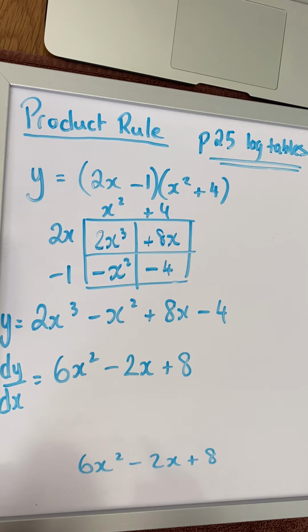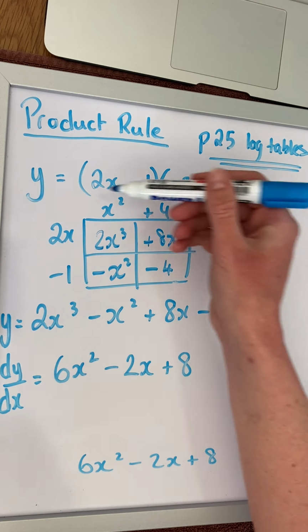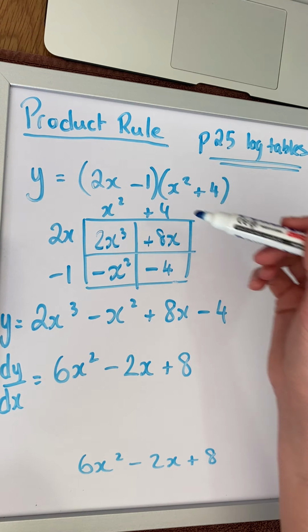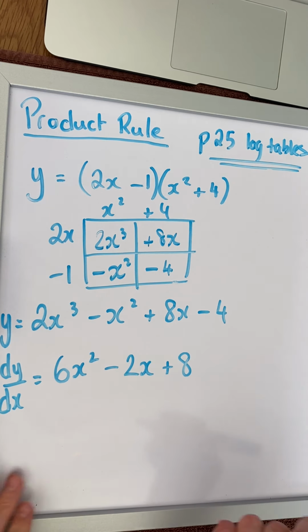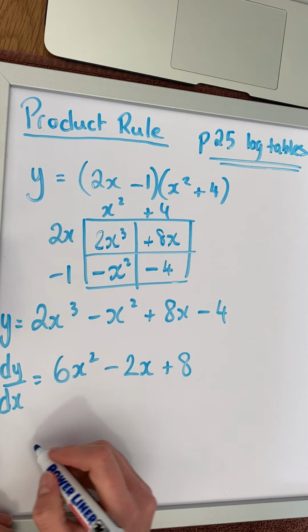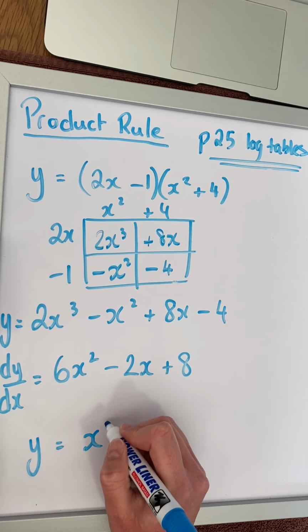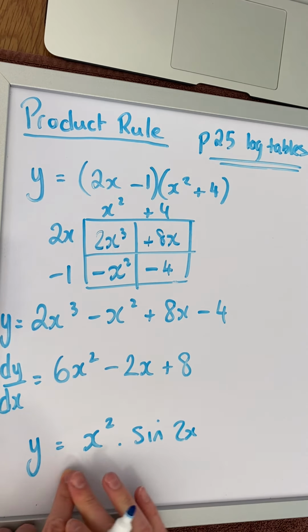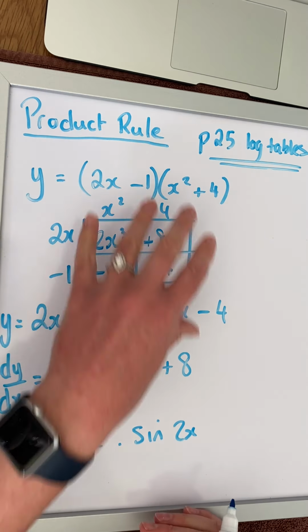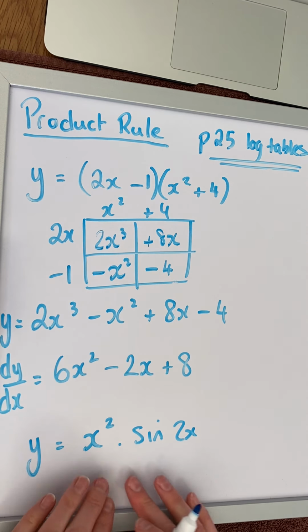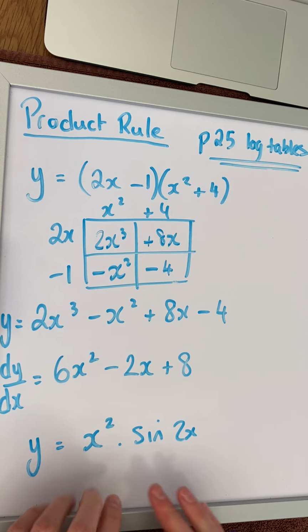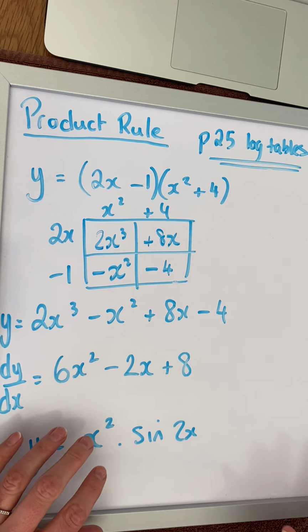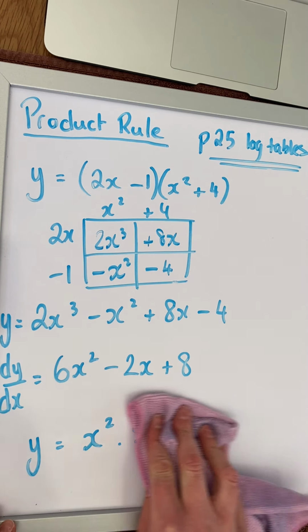But like I said, there will be certain cases where we won't be able to multiply out and must use the product rule. For example, if we have the product of a normal function and a trigonometric function, we can't multiply out and simplify. So therefore we would have to use the product rule for this. I'm going to come across situations like this a little bit later when we start looking at trigonometric functions.